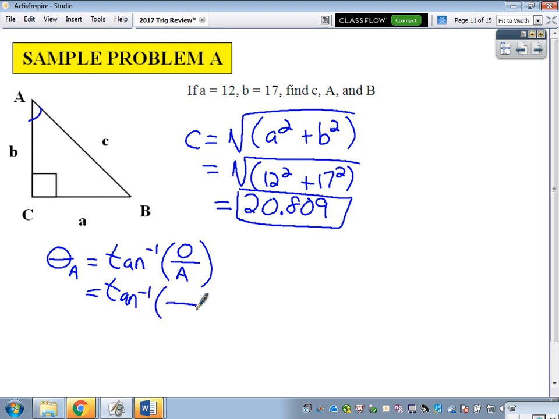Okay? So then, now we can do our substitution. Inverse tangent of the opposite side, which is side A, value of what? 12 over 17. Okay, for those of you that have calculators, pluggy chuggy. Please also make sure you are in degree mode. You're always in degree mode in the context of this class.